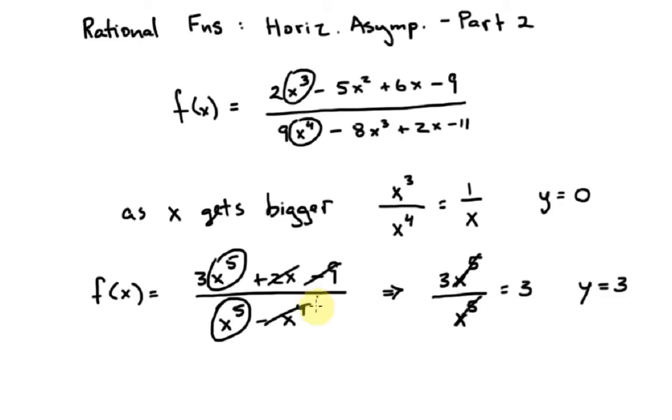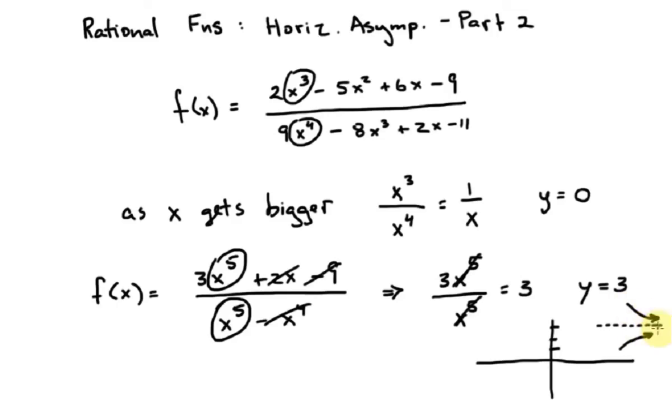All right? So what you're looking for is when the degrees are the same on the top and bottom, that is the one that dominates, then you have to look at the coefficients, the numbers in front, because they're going to help you determine what the actual horizontal asymptote is. And keep in mind, what we're talking about here is that when you draw the graph of this thing, we're saying that when you head off quite a ways down, eventually the graph will settle down and it might approach from the bottom or it might approach from the top.